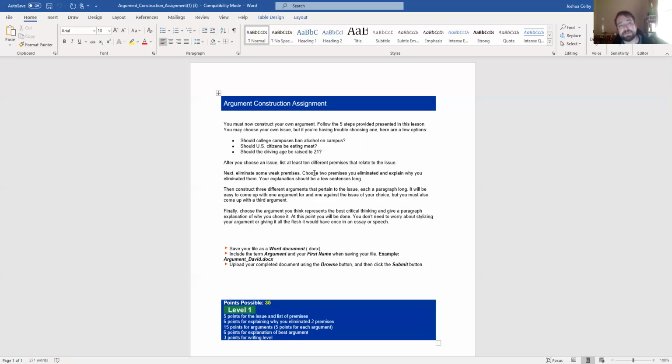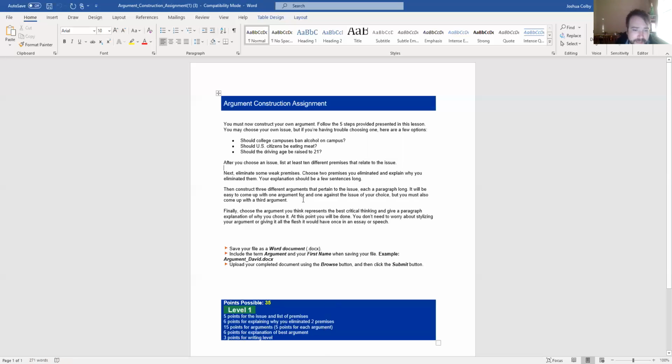You could then have another premise that's something like the driving age should not be raised to 21 because learning to drive at 16 or 17 is an important step for teenage maturity, something like that, right? So you would generate a list of 10 that fairly represent multiple sides of your issue, with each one of those individual premises being something that you could use as the main idea for an argumentative paragraph.